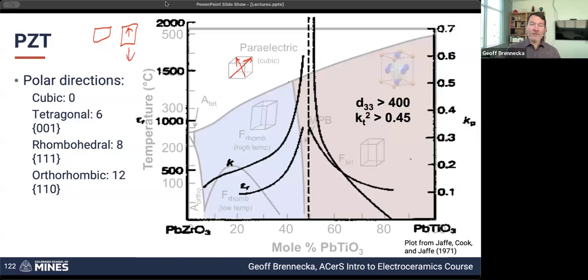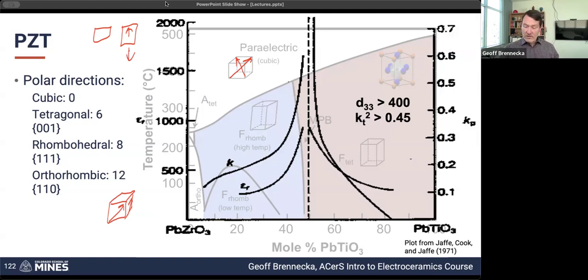In orthorhombic, remember, is a rectangle for which all 3 dimensions are a little bit different. So the polar direction ends up being along the face diagonal. So that means that you have 12 possible directions for orthorhombic.